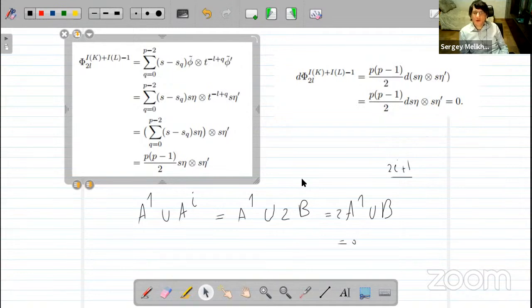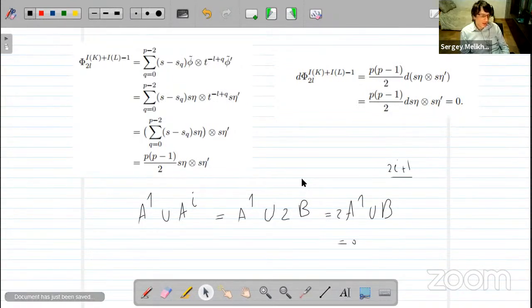Well, I think I see how to do it geometrically. So you have two complexes, K and L. In K, you're able to divide your one-component obstruction by 2. And in L, you know that 2 times the one-component obstruction is 0. So both of these statements have a geometric meaning.